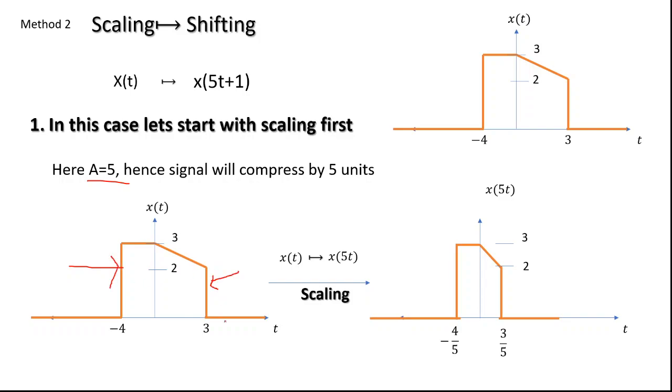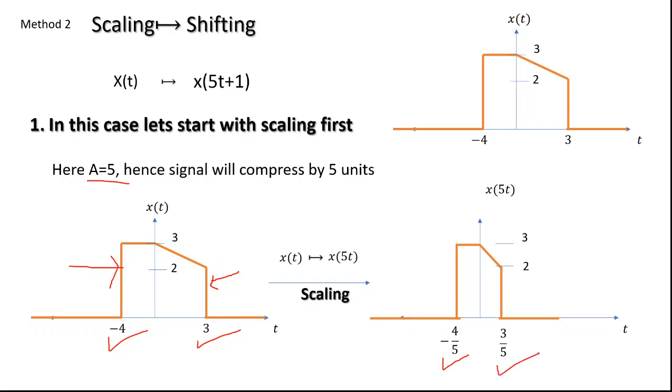That is, this coordinate -4 will compress to the new point -4 by 5, and similarly 3 by 5.